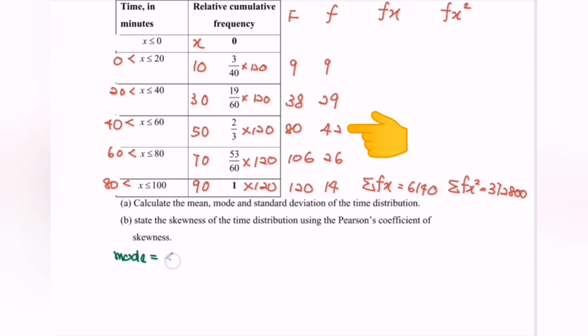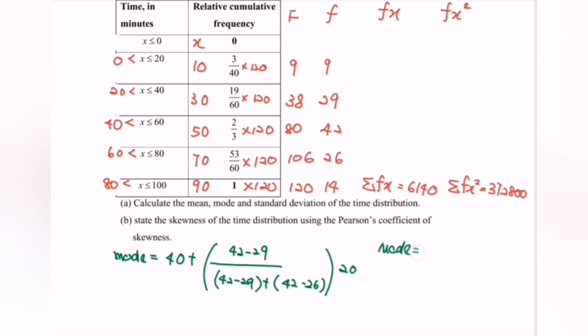The lower boundary for the modal class is 40, plus the difference from the previous class, 42 minus 29, over 42 minus 29 plus the difference from the next class, 42 minus 26, multiplied by the class size, where we have the upper boundary, which is 60, minus the lower boundary, which is 40, giving 20. So finally, the mode is equal to 48.97. If we round it up, we will have 49.0.